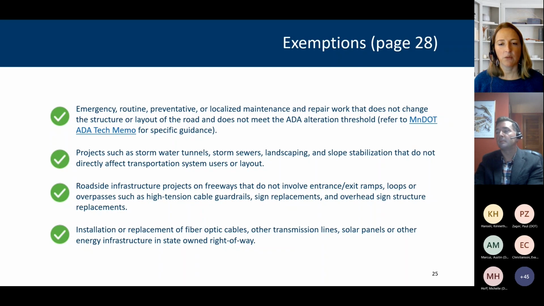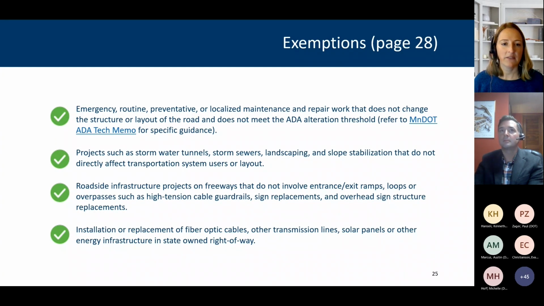And a change to this language from previous is that it doesn't change the structure or layout of the road. And it also doesn't meet the ADA threshold, alteration threshold. Sorry, that's a mouthful. So there's a link there to the MnDOT ADA tech memo for more information about what that alteration threshold is. But this first one integrates better that ADA component.